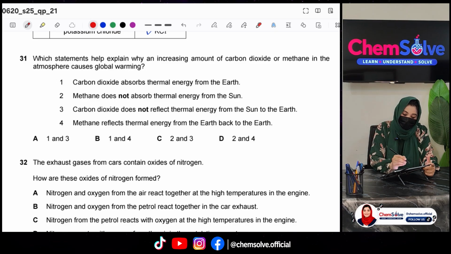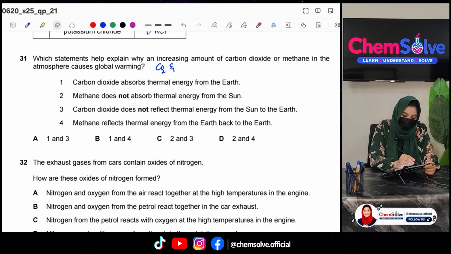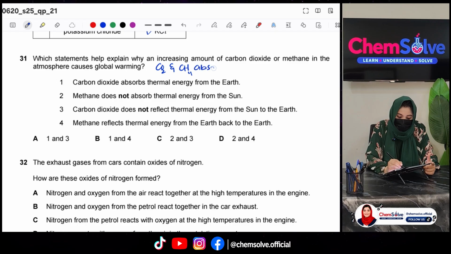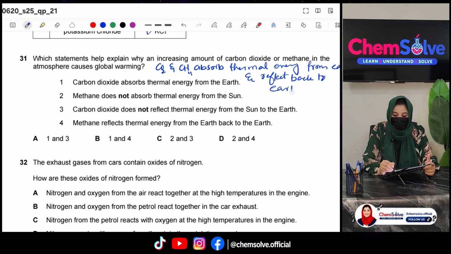Both carbon dioxide and methane, that is CH4, absorb thermal energy from Earth and reflect it back to Earth.